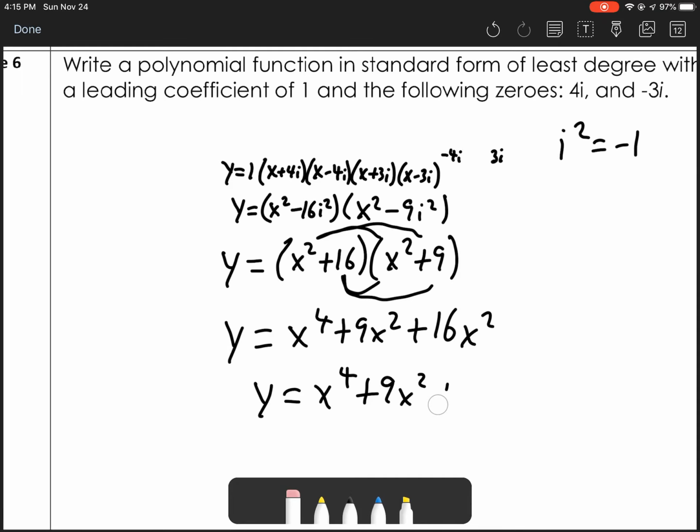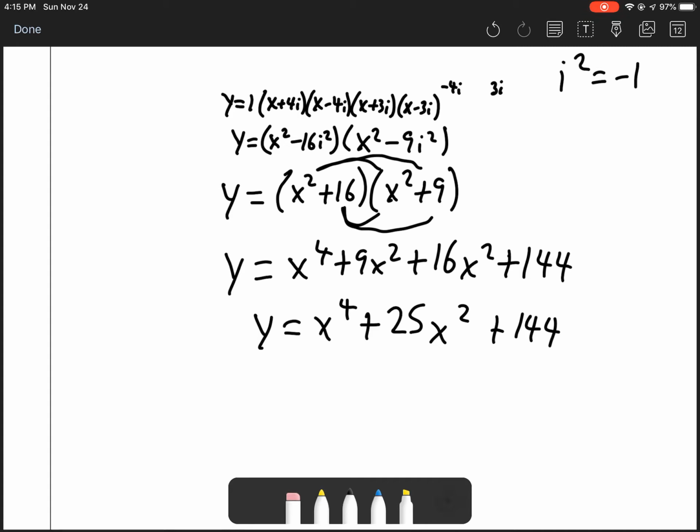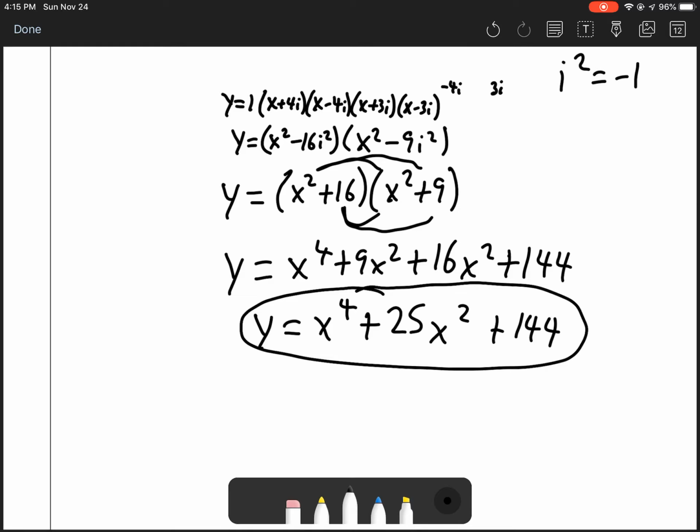Oop, messed up there. We need to add the 9x squared and the 16x squared, and that will give us 25x squared plus 144. And that should be it.